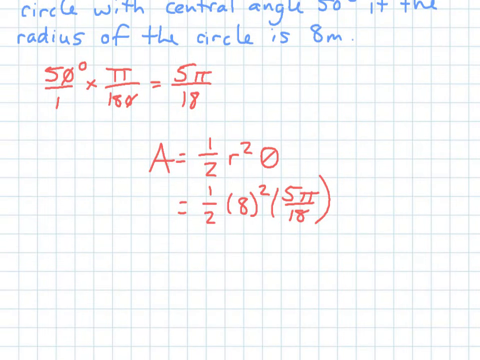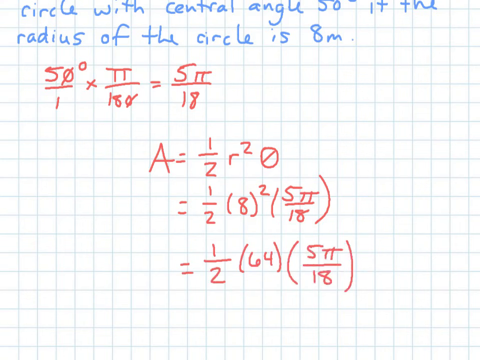Okay. Here, I can try to simplify a little bit. I got 64, and it looks like 64 and 2 reduce. That gives me 32. I think I can take out a 2 here, so it gives me 16.